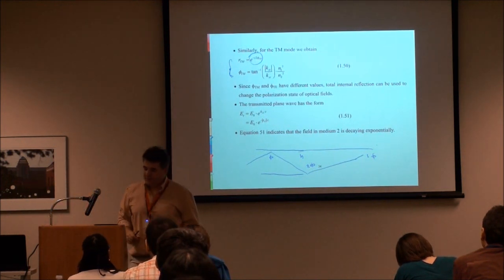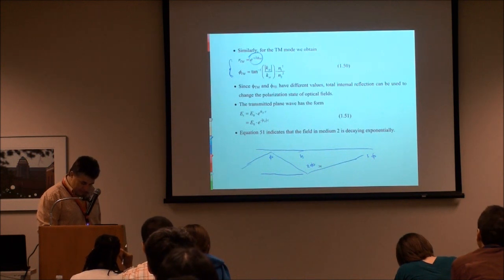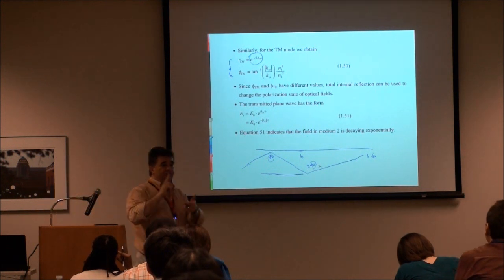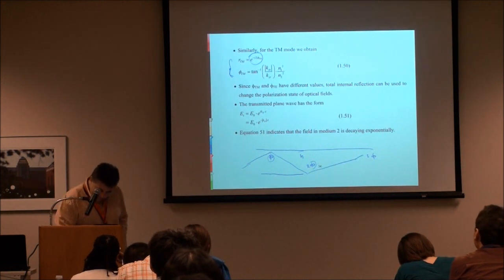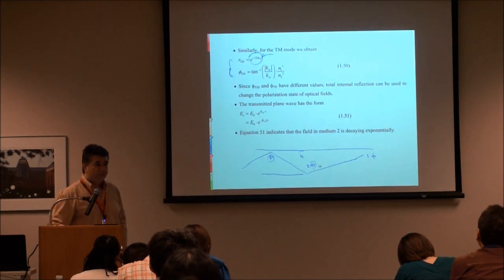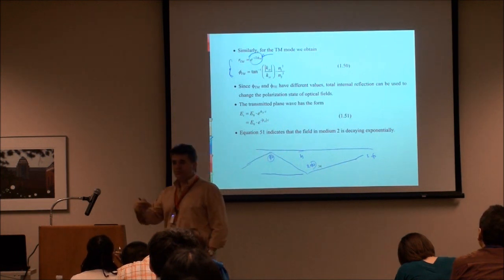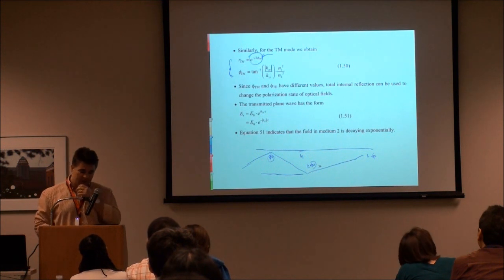That's the same problem. So people realized that I can put the light in here, and through total internal reflection I get the phi, and then 2 phi, and so on. And these phi's are different for TE and TM, as we just proved. So they made wave plates through total internal reflection. A wave plate is this device that changes the polarization.